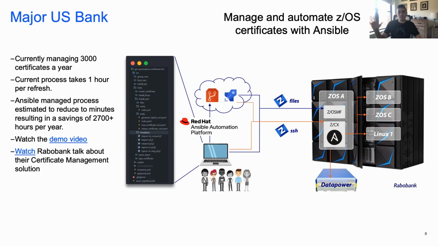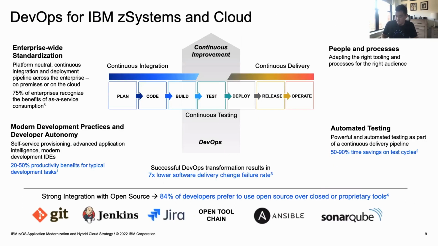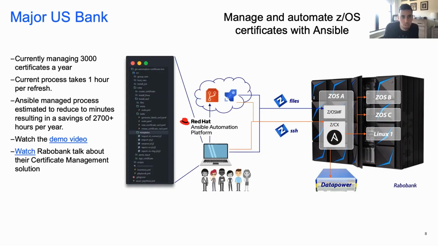And this is a great example of their topology here on the right side of how they have Ansible implemented in the enterprise. So they run it a couple different ways. And this topology was created in the middle of their migration to the Ansible Automation Platform as a whole. They are running the Ansible Automation Platform using Azure repositories, so Microsoft Azure instead of GitHub, to host their playbooks, and then connecting into z/OSMF and zCX and their different z/OS environments to drive automation from the Ansible Automation Platform, pulling their playbooks from Azure, right?